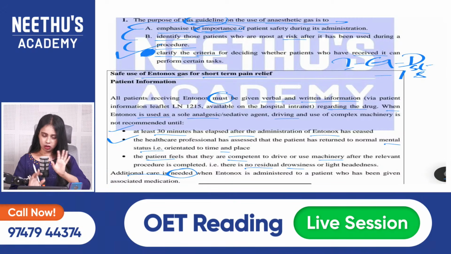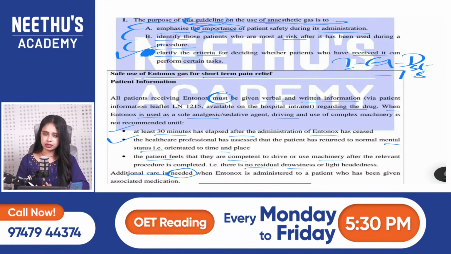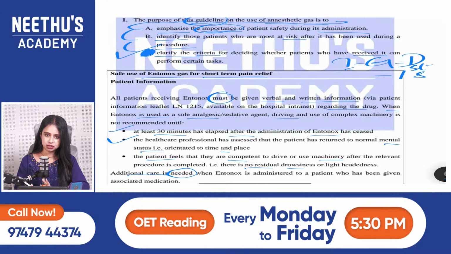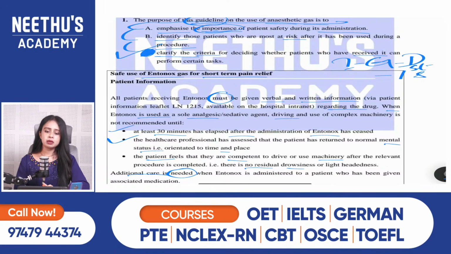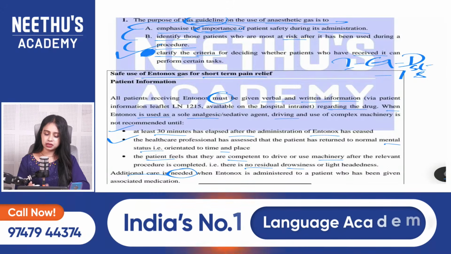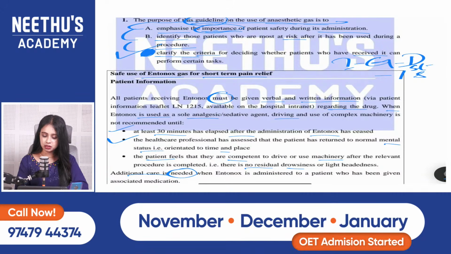All in all, in a nutshell, this is completely a particular criteria or strategy and a method mentioned here for the administration of this particular anesthetic gas. But it is not mentioned here, the importance of patient safety during its administration. So we can eliminate option A.